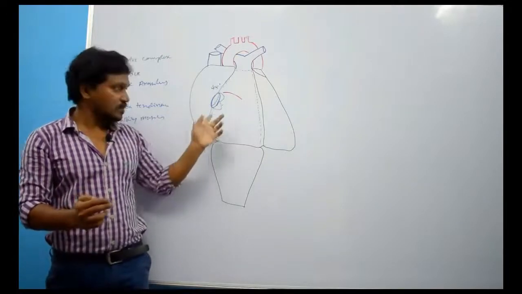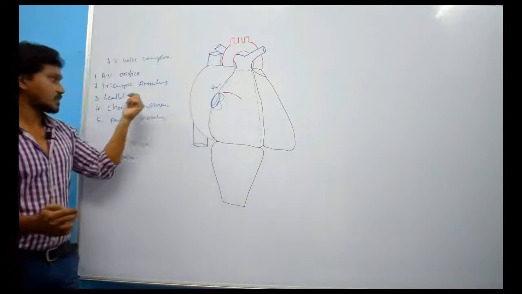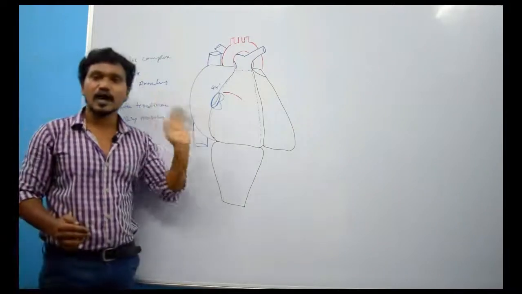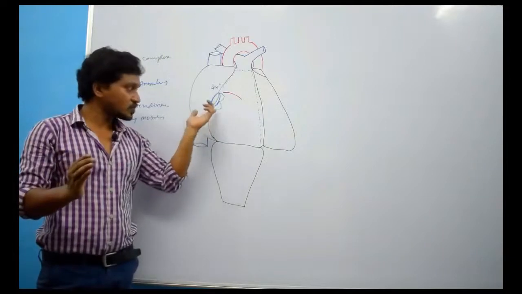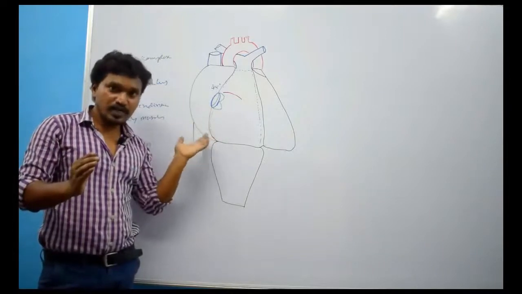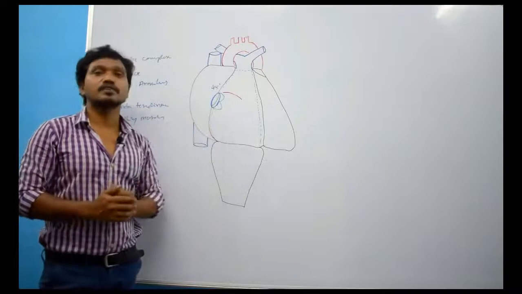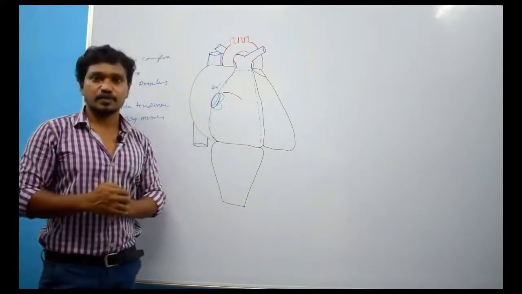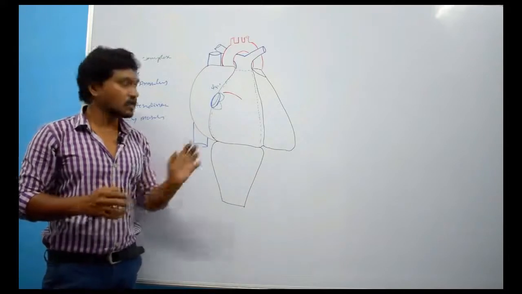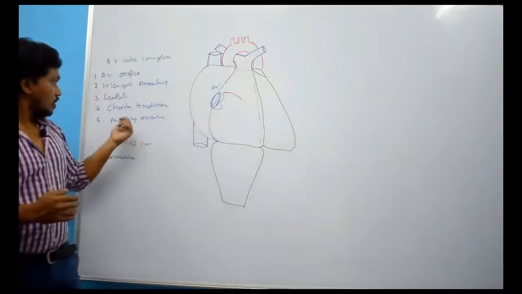Clear? That is about leaflets. The anterior leaflet is present anteriorly, the posterior leaflet posteriorly and inferiorly, and the septal leaflet towards the interventricular septum. Clear? Then chorda tendineae.